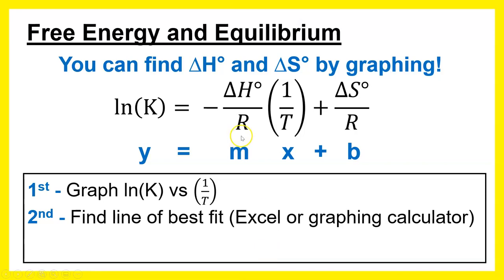And slope is m. M is how you can find delta H. If you can find the slope of your line, you can find your enthalpy. And your y-intercept is how you can find your change in entropy.